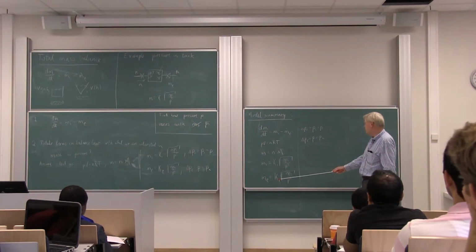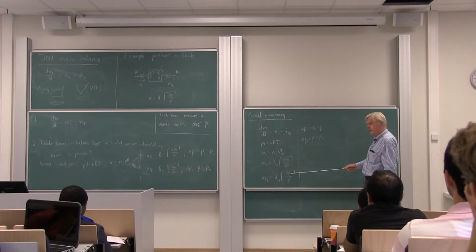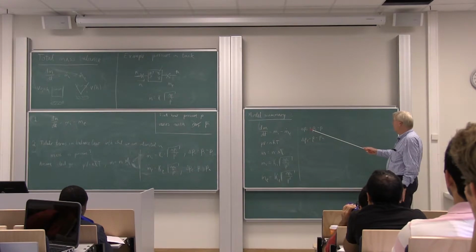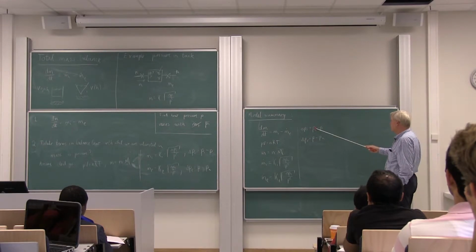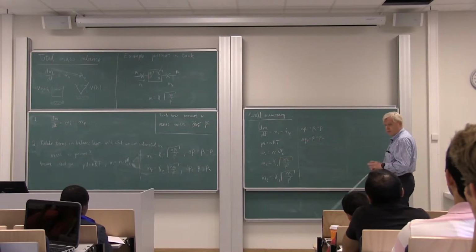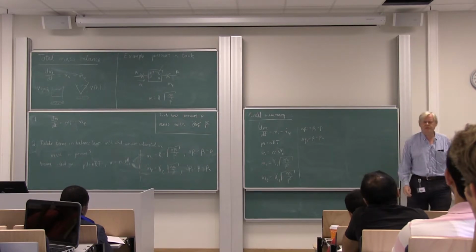This one has to be constant. 8. Right? And then, let's see here, this we've counted. 9 perhaps. Okay. So we have 7 equations and, was it 9 unknowns?